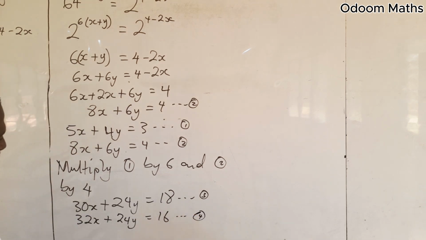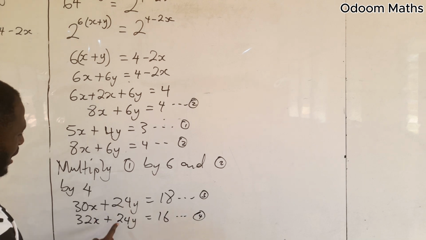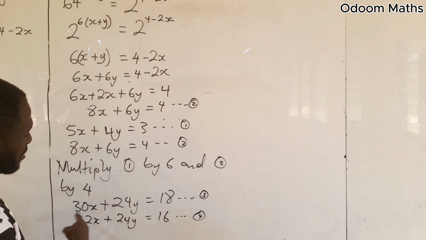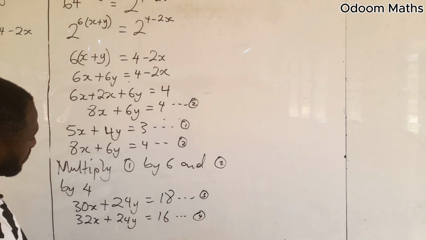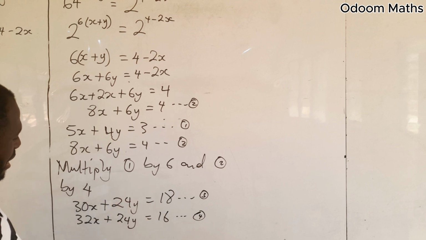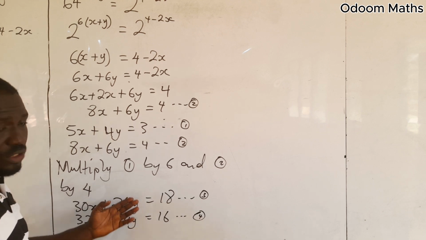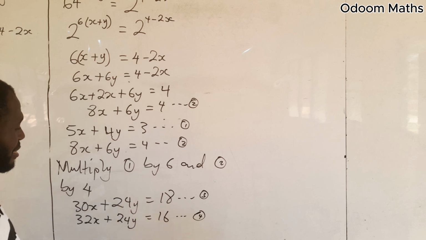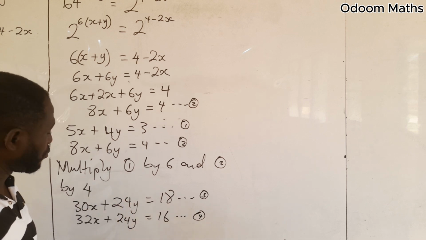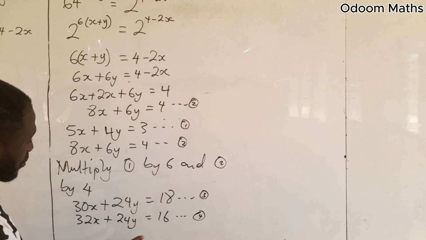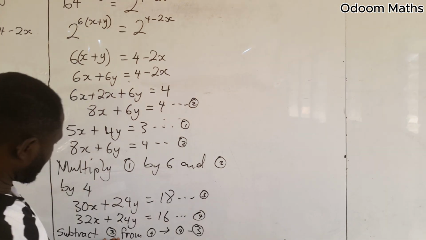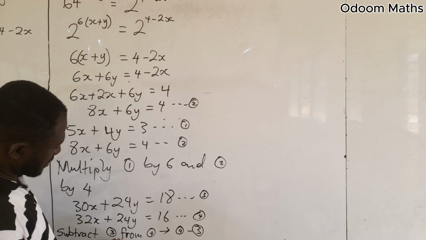Now I have 24y here, and they are all positive. So it means when I subtract, it will be easier for me. I'm going to subtract the smaller equation from the bigger one. When you do it the other way round, you still get the same answer, but for convenience's sake, I am going to subtract the smaller equation, equation 3, from 4.